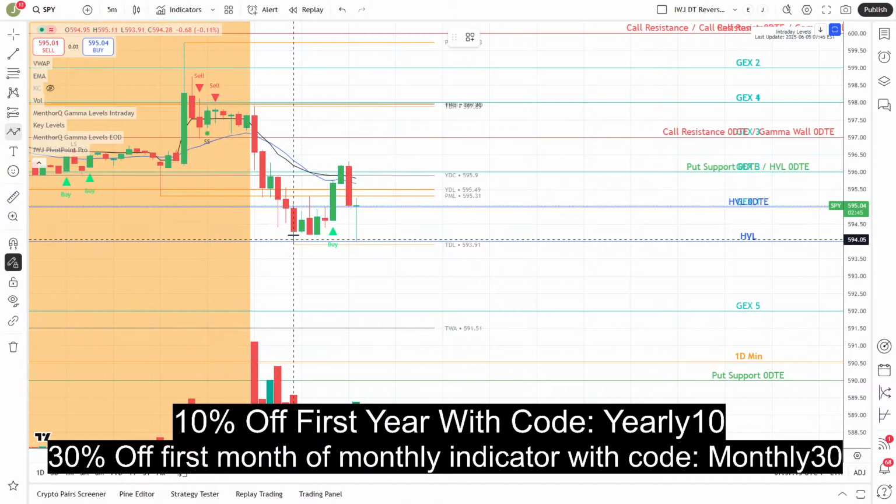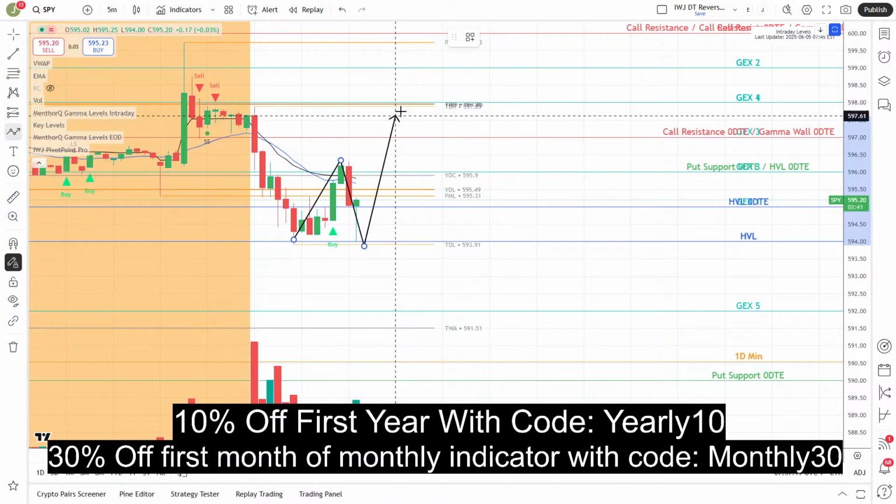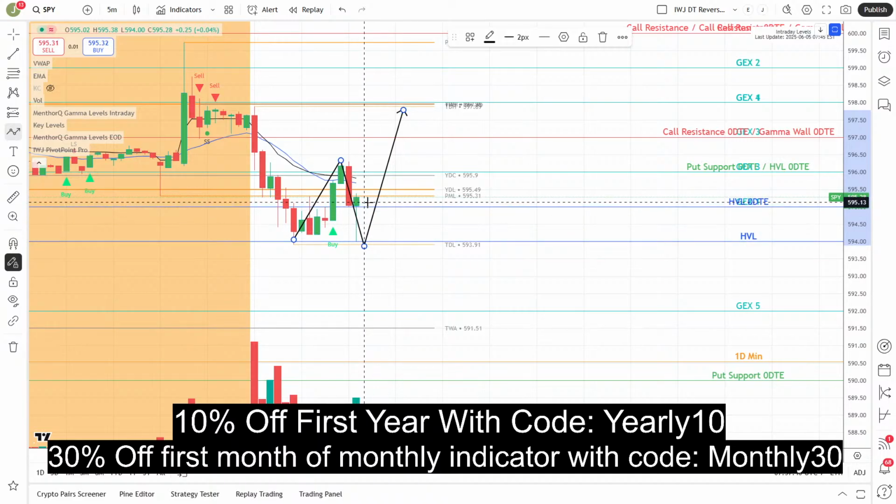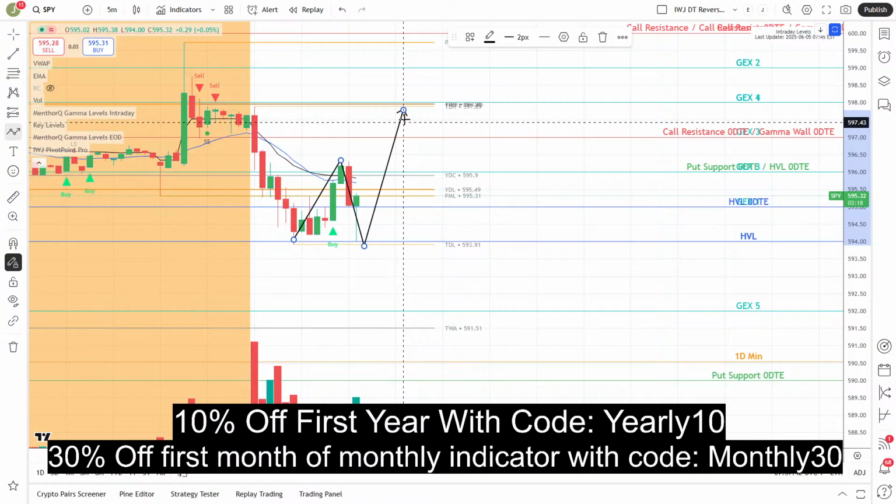Let's say you go, oh my God, this is going to go back up. And then it does. Was that a good trade? I mean, was it a good trade to say this is going to go back up and trade long and then it does and you win money?